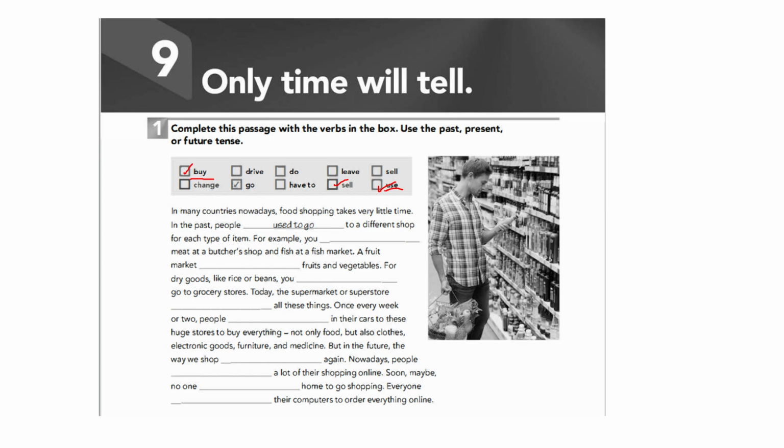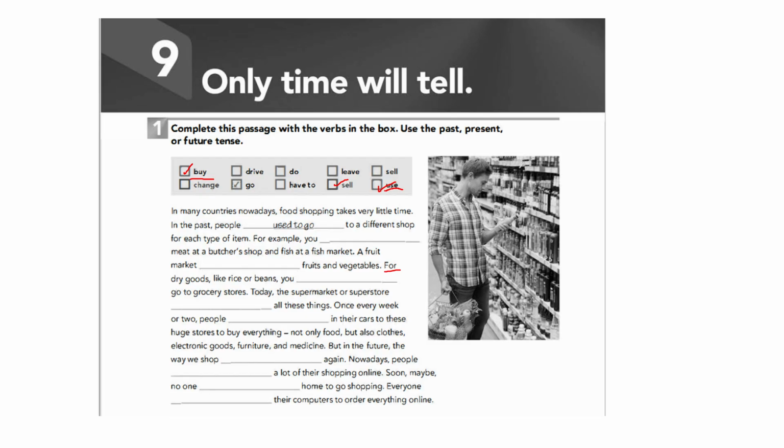A fruit market sold fruits and vegetables. So the answer is the past tense of sell, which is sold. Okay, let's continue. For dry goods like rice or beans, you blank space go to the grocery stores.